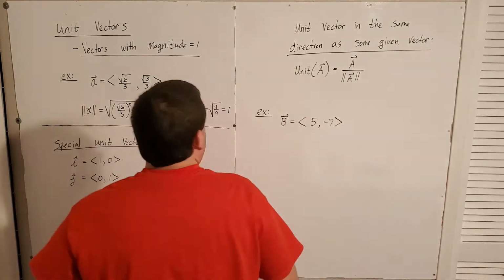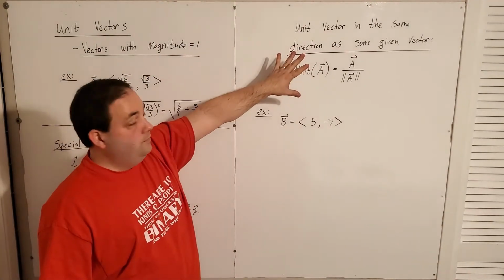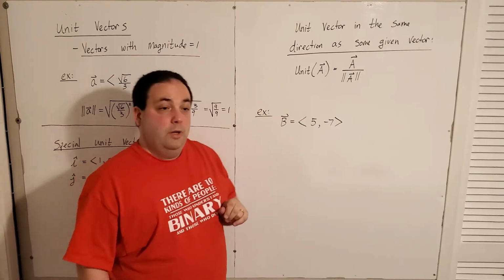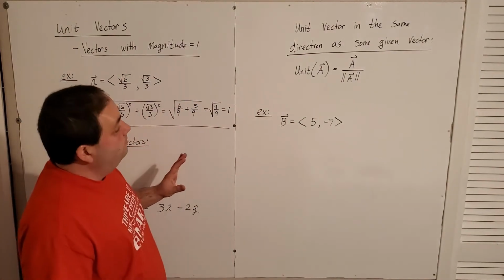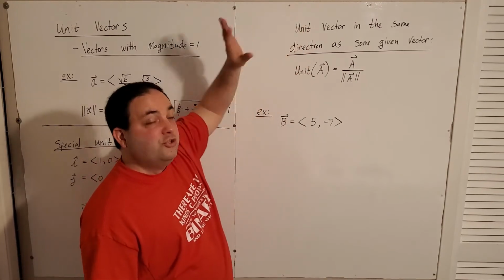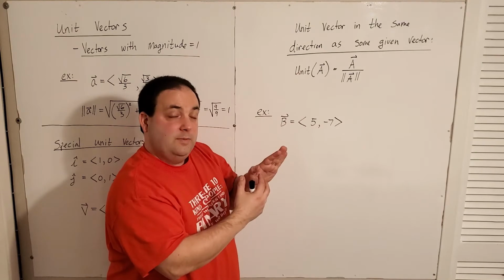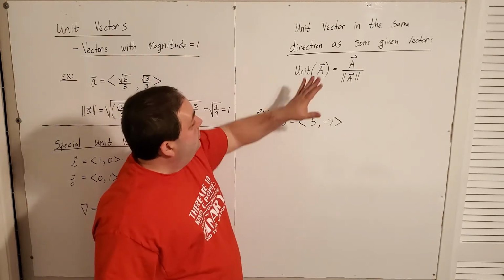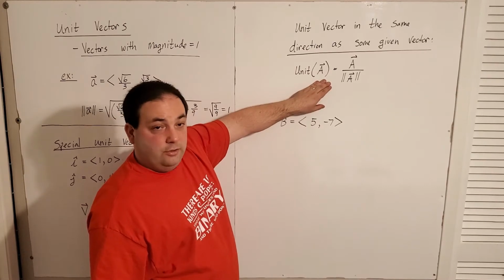Okay? Now another application is to create a unit vector. This is something that will come up just as much as the special component unit vectors. I want to preserve the direction of some vector, but I want to take away its magnitude. So I'm going to create a unit vector of the A vector.